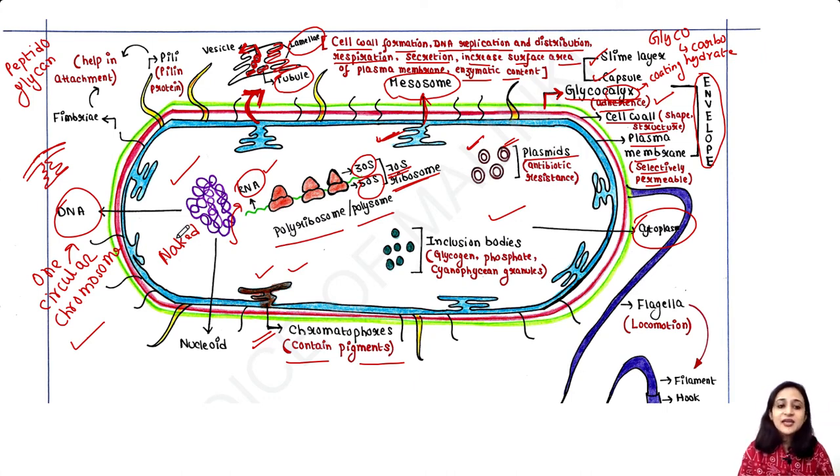In the bacterial circular chromosome, all essential genes are encoded, but in plasmids, you will not get any essential genes. Plasmids contain some extra genes like antibiotic resistance, but those are not essential genes of the bacteria.